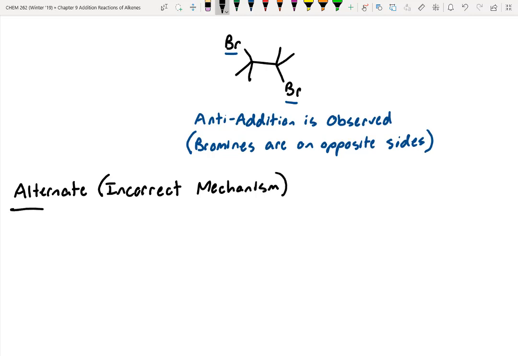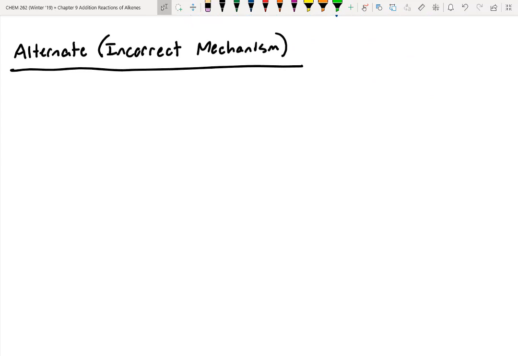So, alternate incorrect mechanism. Let's say we have elemental bromine around. We could just say, well, why doesn't it do a similar reaction to what we just saw with hydrohalogenation?